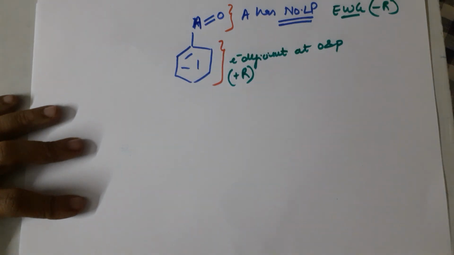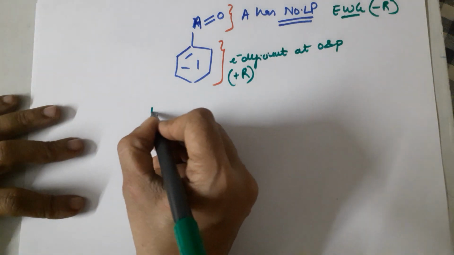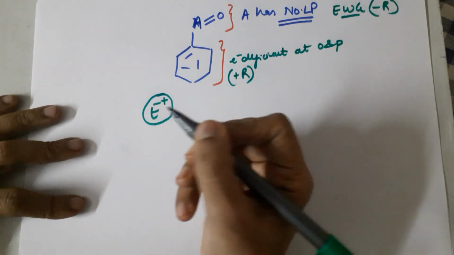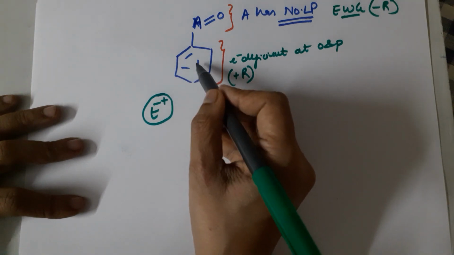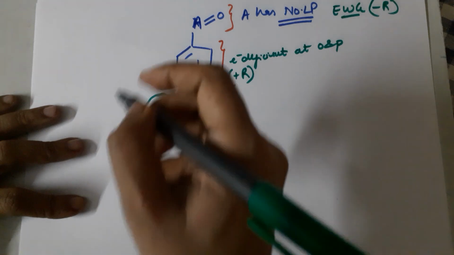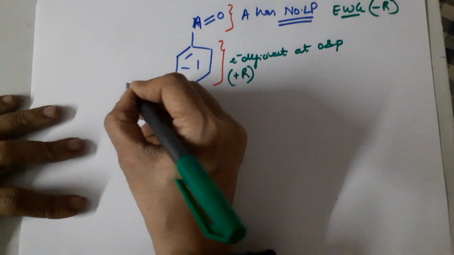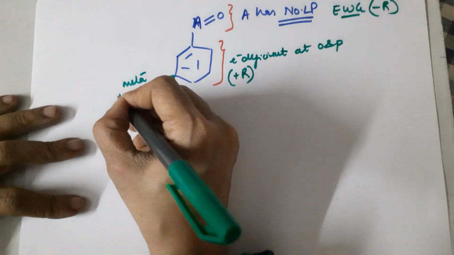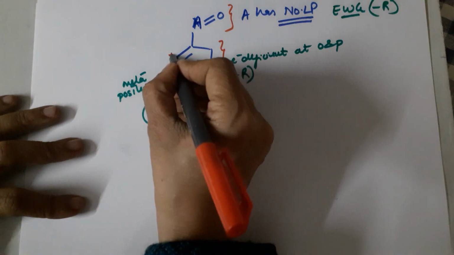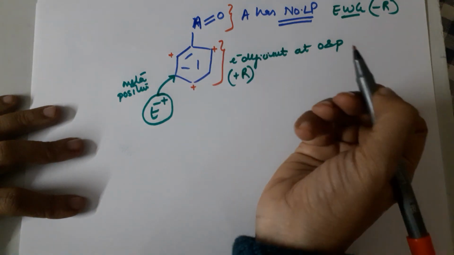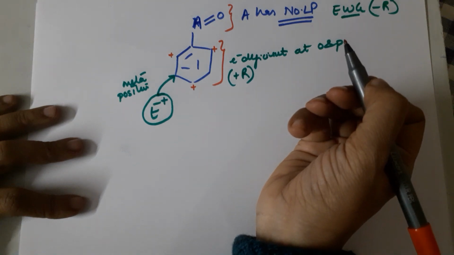This also should be clear that if there is an electrophile to attack the benzene ring, because benzene promotes the attack of electrophiles because of the presence of pi electrons, then this electrophile will always go to the meta position, because your ortho and para positions develop a positive charge as seen in the resonating structures.